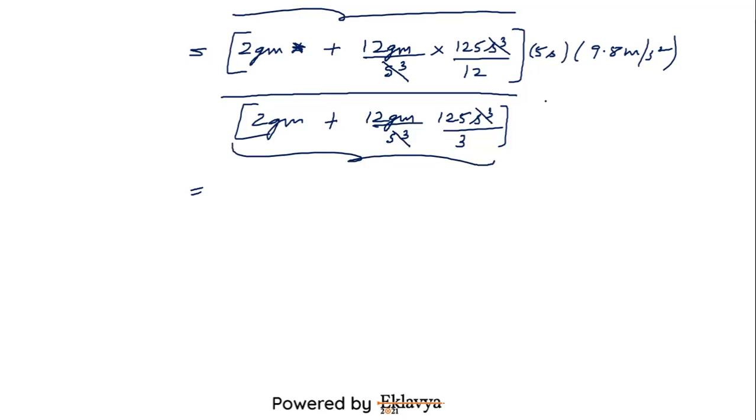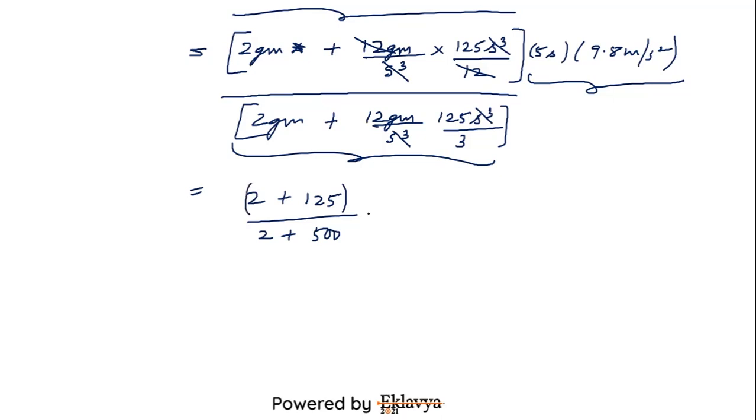Grams get cancelled, so we are left with the SI unit of velocity, which is meter per second. I'll just finish the calculation now. So 2 plus 12 cancels each other. So 125 divided by 2 plus 4 into 125, that's 500.